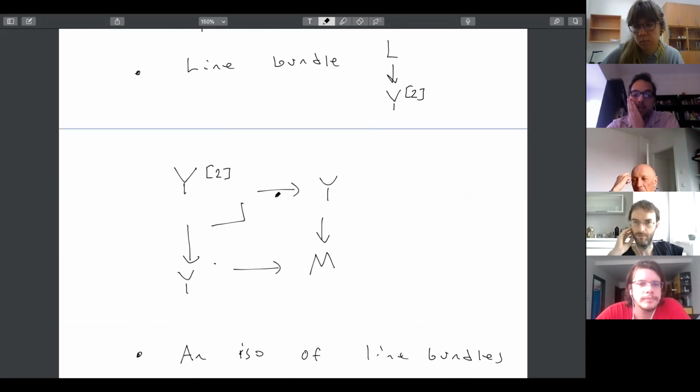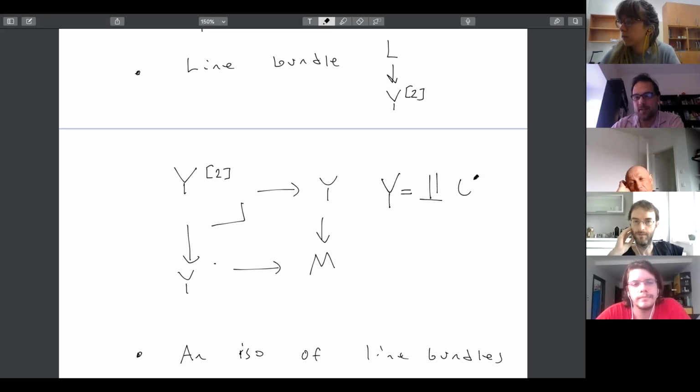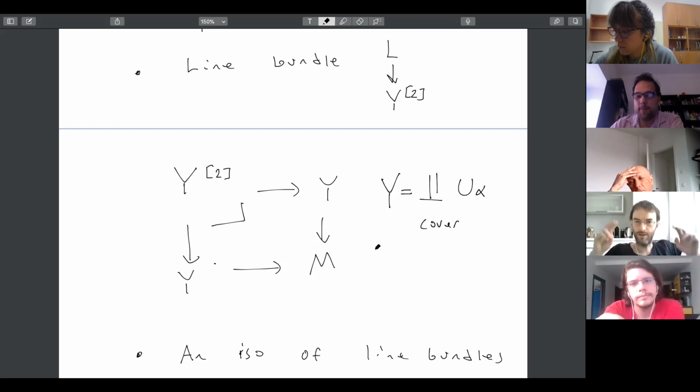They can be the same as M, because Y could be like the disjoint union of a cover. That's the main example that you see in practice: the disjoint union of U alpha, a cover. Oh, I see. So it has to have some kind of resolution property.